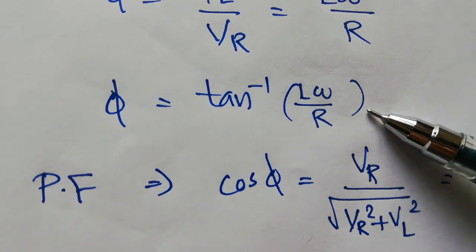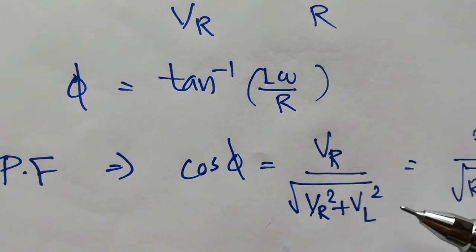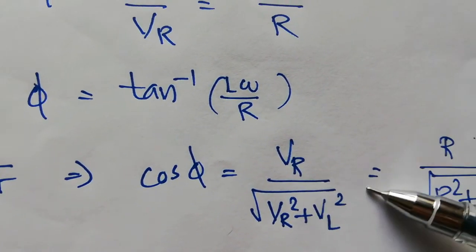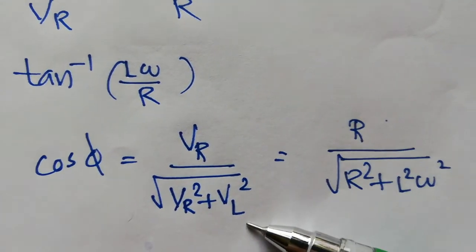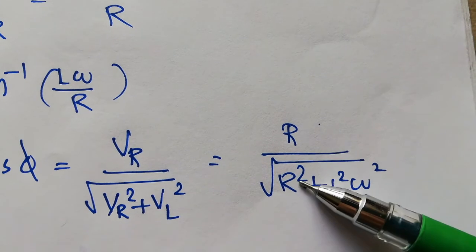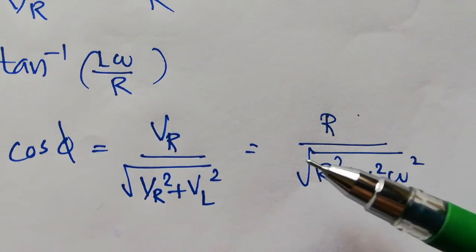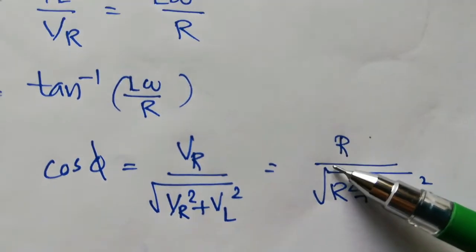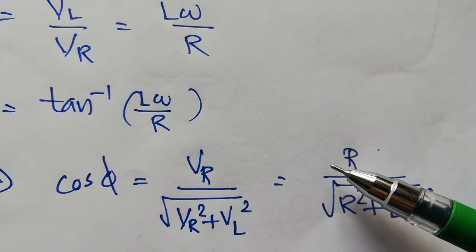And also we can find out the cos phi from the figure, that is VR by root of VR square plus VL square, that is R by root of R square plus L square omega square, which we already derived theoretically. So this is all about the LR series circuit.